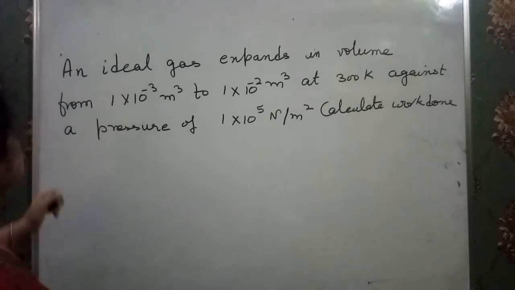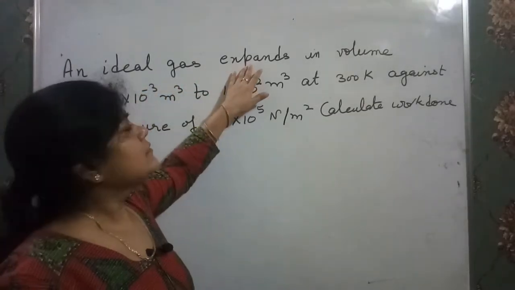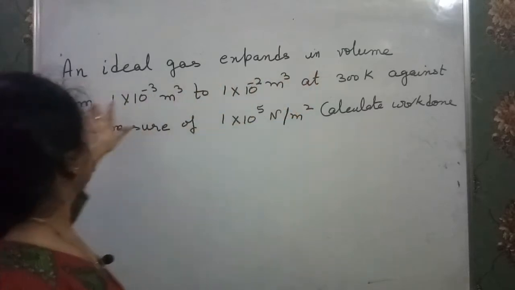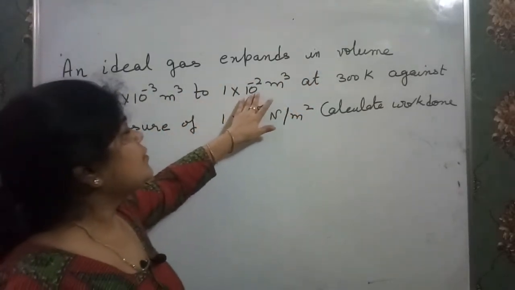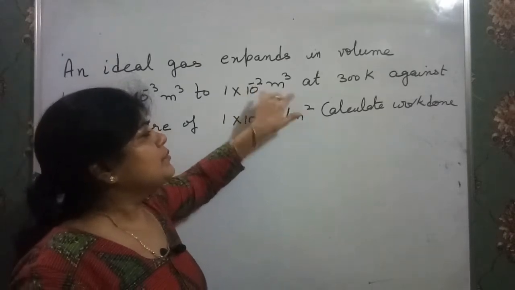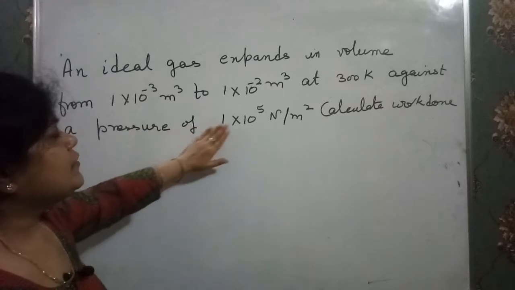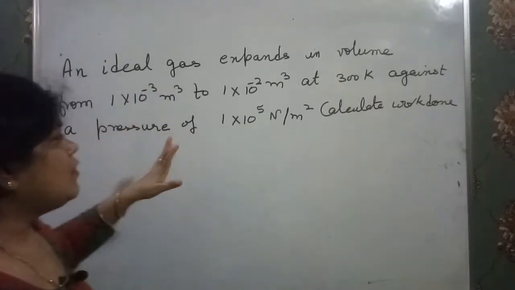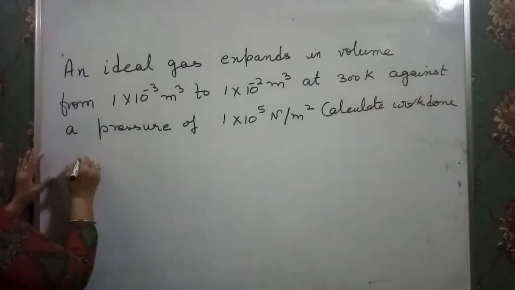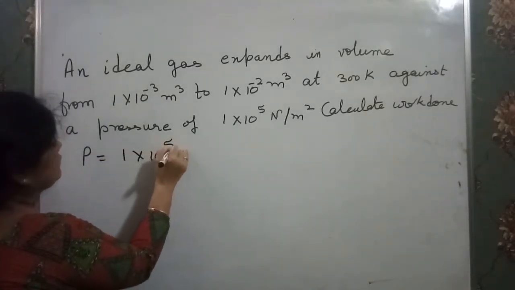Now the question is in this way: an ideal gas expands in volume from 1 into 10 to the power minus 3 to 1 into 10 to the power minus 2 meter cube at 300 Kelvin against a pressure of 1 into 10 to the power 5.